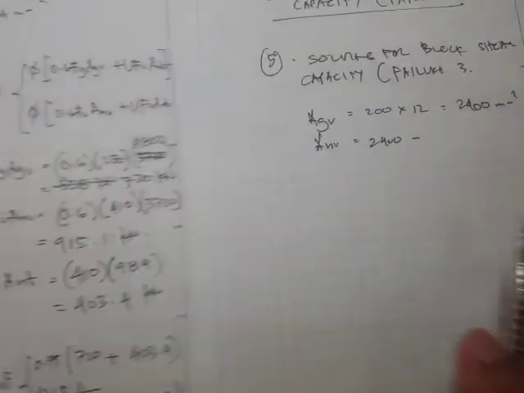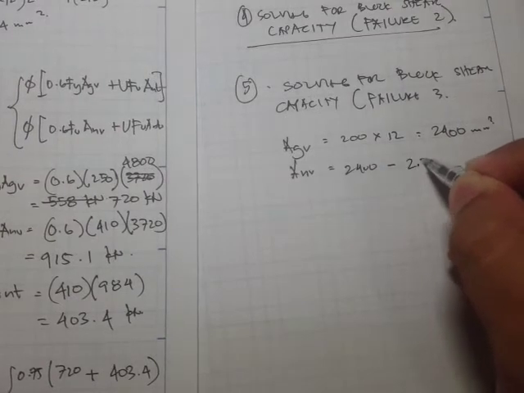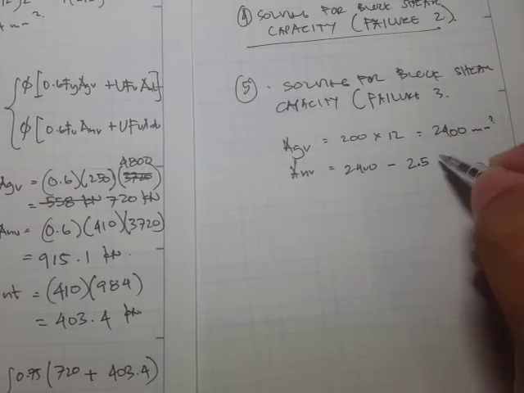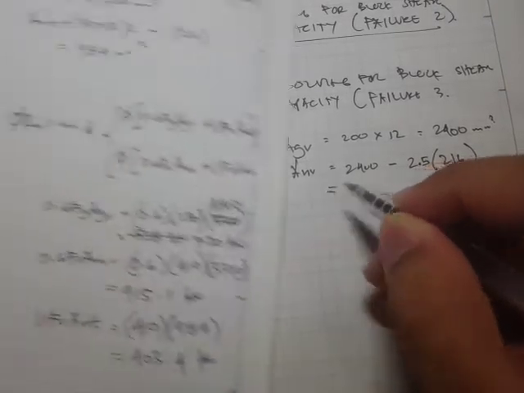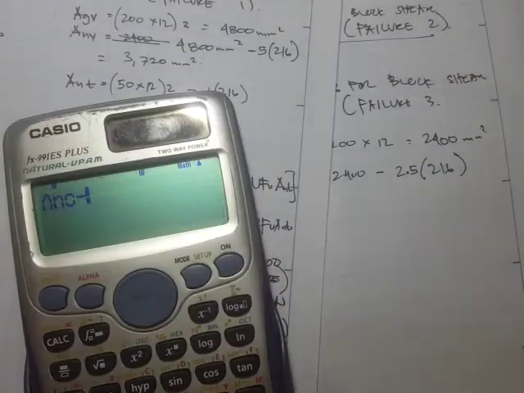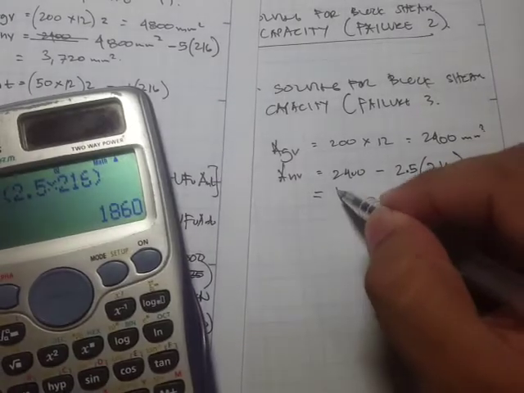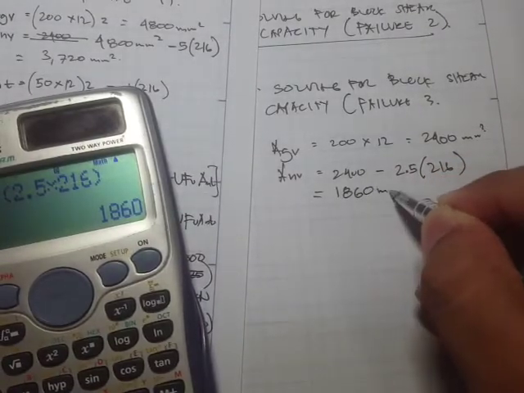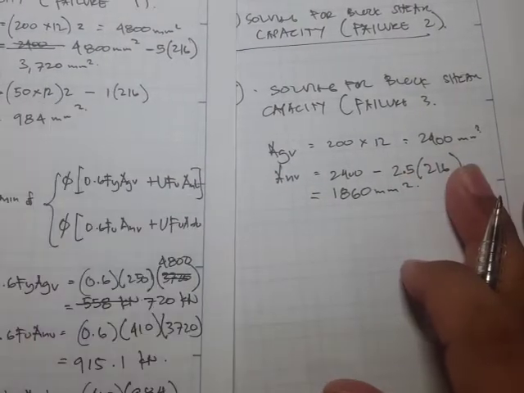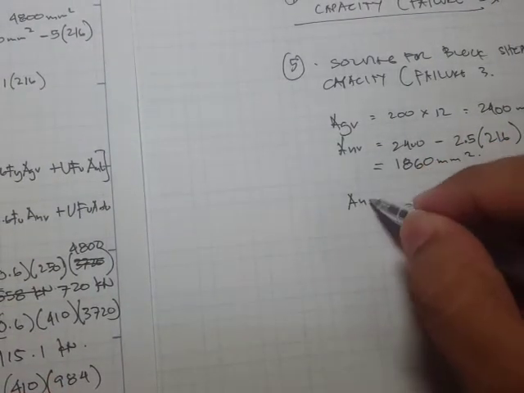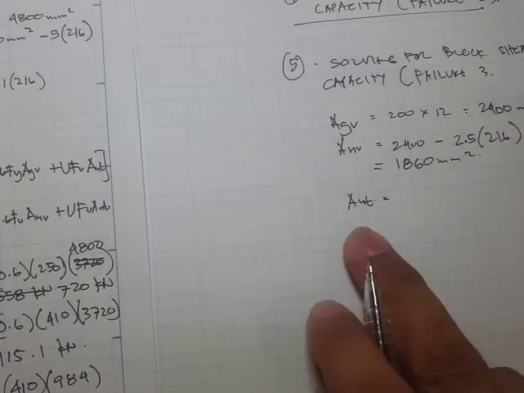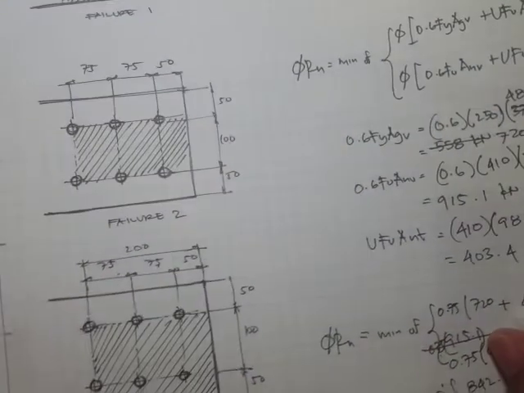So that's going to be 2.5 times the area of bolt, which I think is 216 mm squared, minus 216. That's 1,860 mm squared.